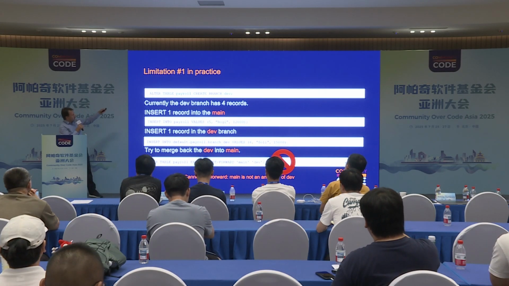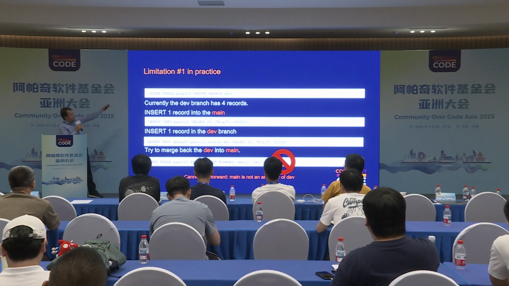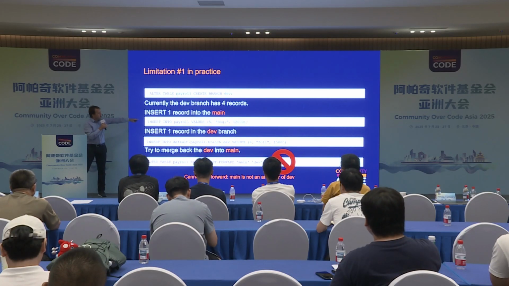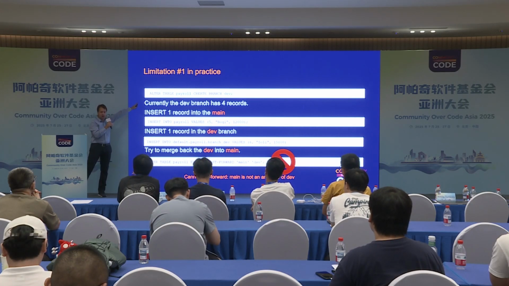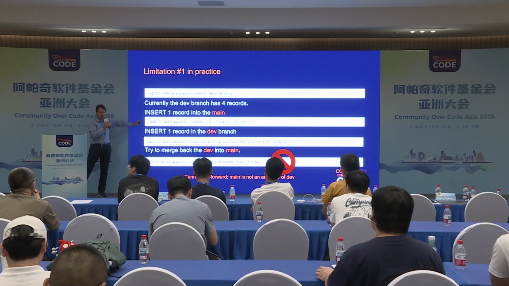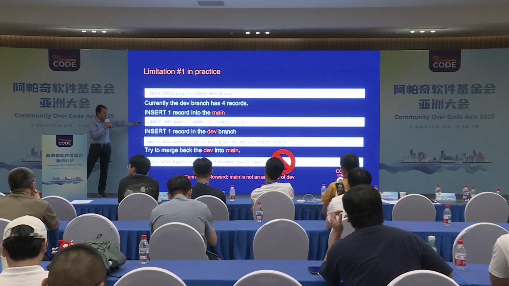So here is an example: let me create a branch for the payroll and insert into the main. Firstly I created the payroll branch, right? So I have a head, and the head will change when I add something here.